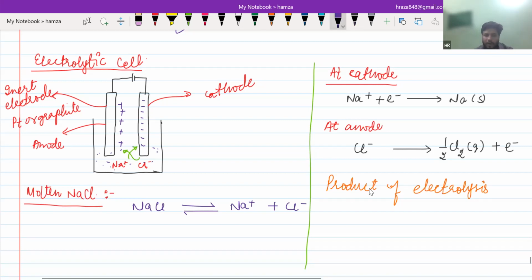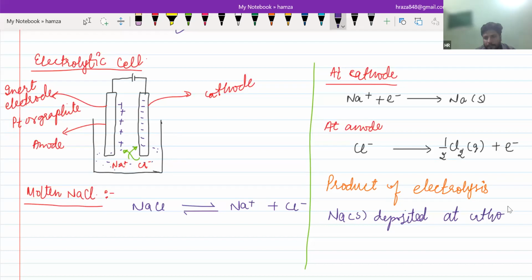So when we say product of electrolysis, Na solid is deposited at cathode and Cl2 gas is evolved at anode.